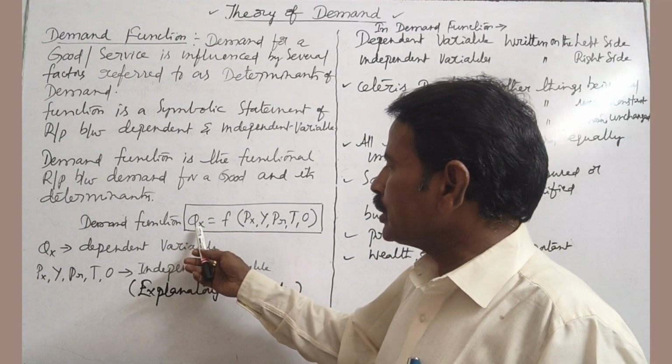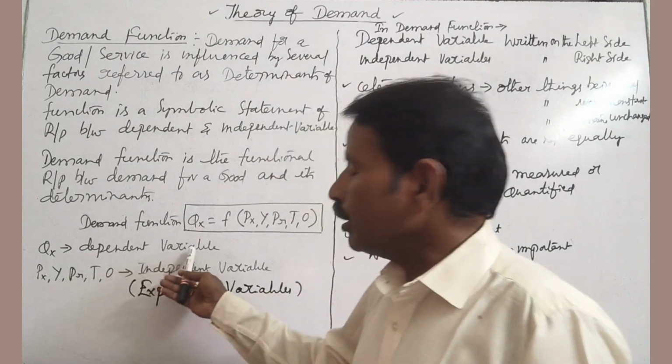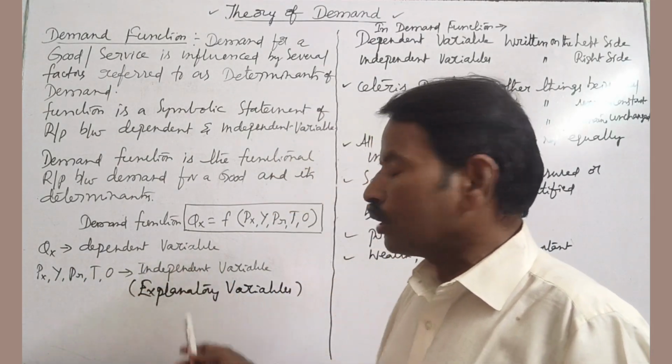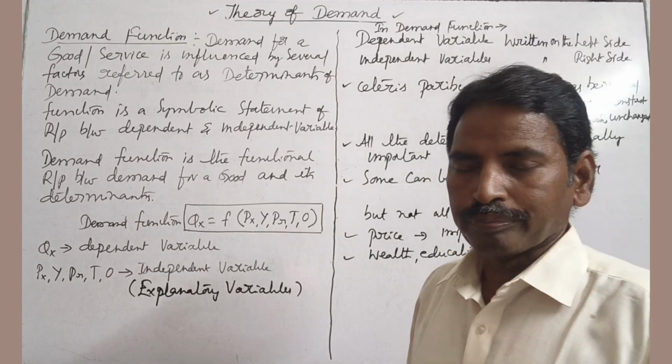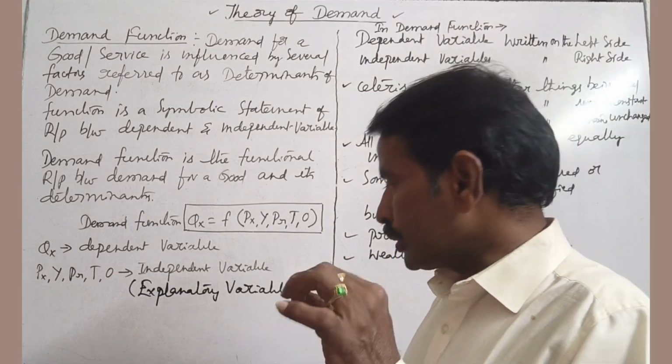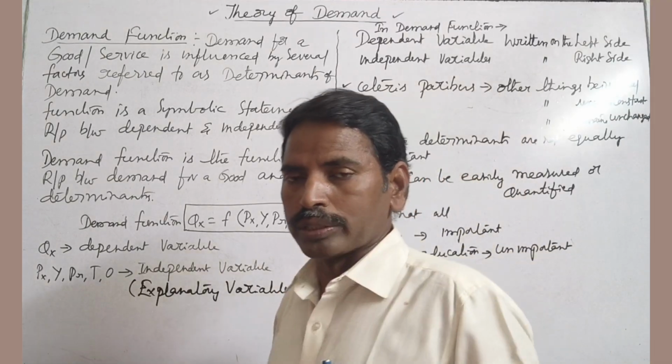So Qx is the dependent variable and Px, Y, Pr, T, O are independent variables. The other name of independent variables is explanatory variables.